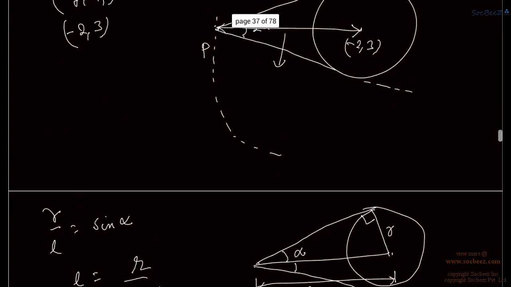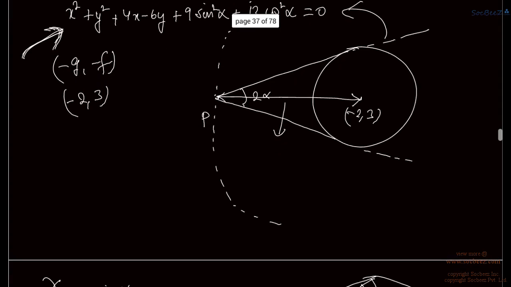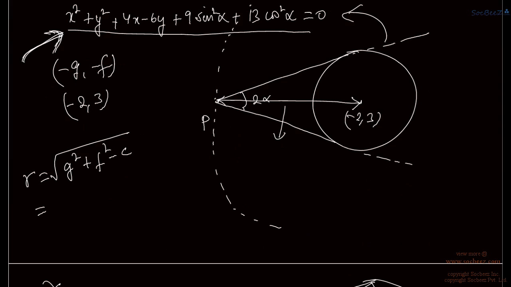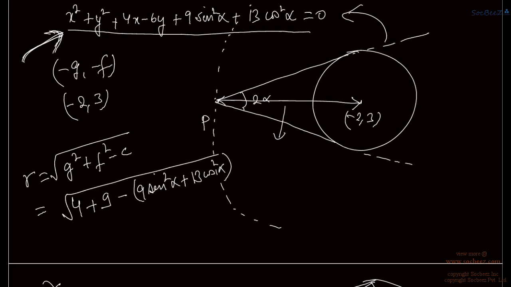From the equation of this circle, we can find the radius. The radius of the circle is given by the square root of G square plus F square minus C. So the value of G is 2, so 2 square is 4, plus F square 9, minus C, that is 9 sin square alpha plus 13 cos square alpha, under root.